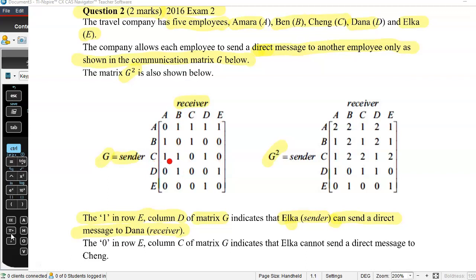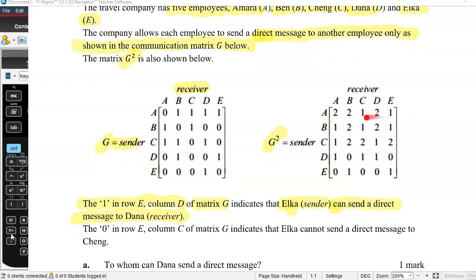Cheng can send a message to Amara, Ben, and Dana. Ben can send a message to Amara and Cheng, while Amara can send a message to Ben, Cheng, Dana, and Elka. Now these are the 2 steps.